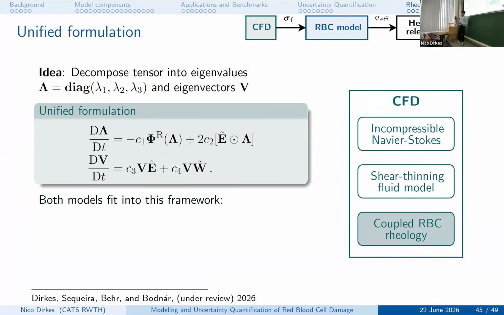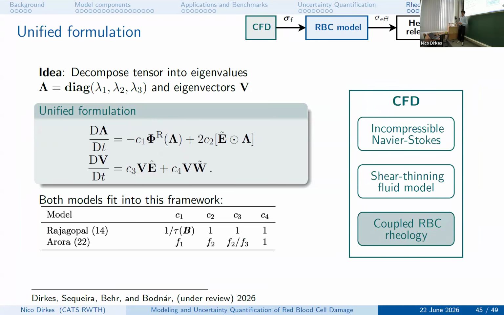And we, in fact, show that both of these models fit into this framework with only 4 different coefficients. And in fact, C2, C3 and C4 are commonly the same. So they only differ in these 2 coefficients for the deformation equation. And this is work that we've done with Tomasz Bodnar, and we have a paper for this under review.